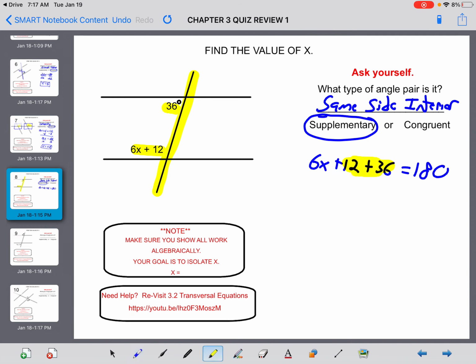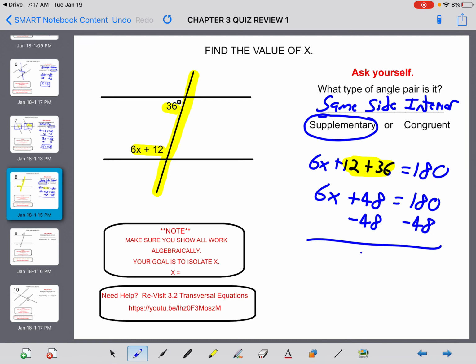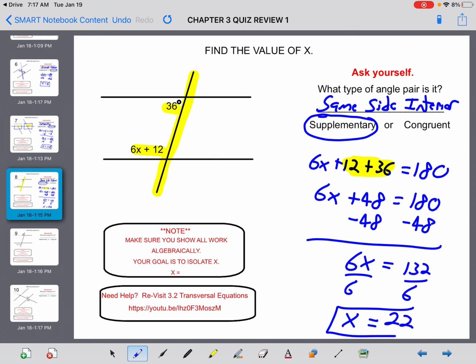You're going to combine your like terms. 12 plus 36 makes 48. I'm going to subtract 48 on both sides. And 6x equals 180 minus 48 equals 132. Divide both sides by 6, and x equals 22.